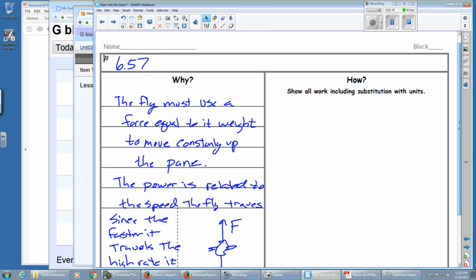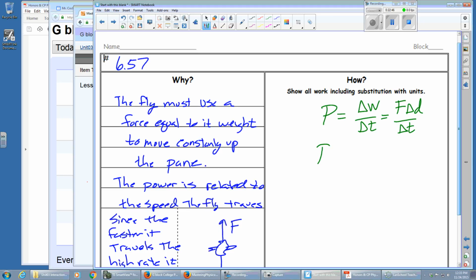That's why we look at power, it's work per time. And if I break that out, work is force times delta d, right? Yes, no? Okay. Little rearrangement.